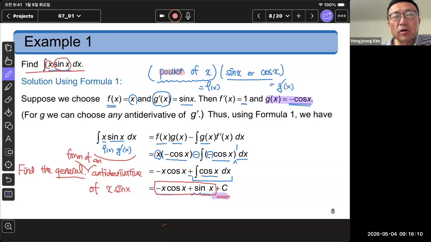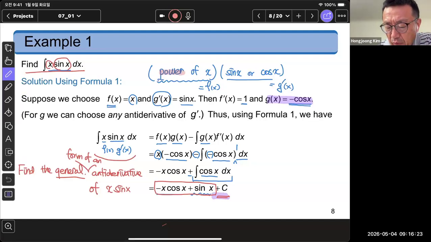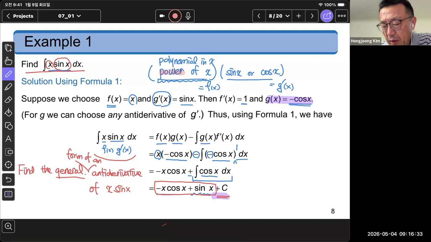And usually, if a certain part of the integrand is a power of x or a polynomial in x, then that part will correspond to f of x, and the remaining part will be your g prime.